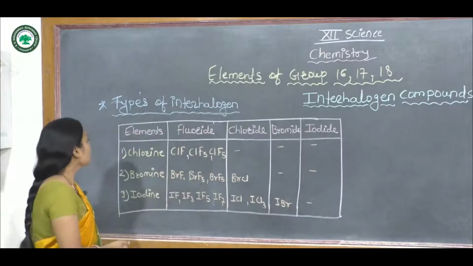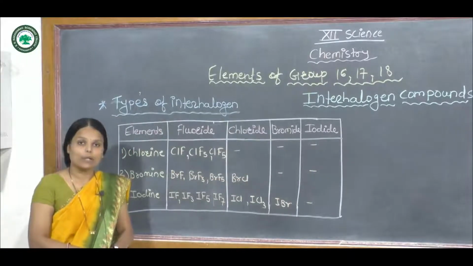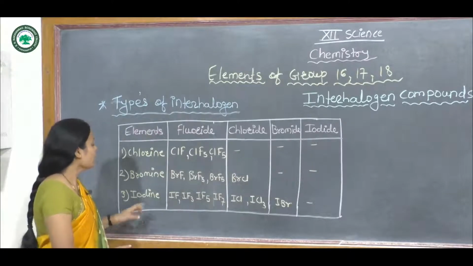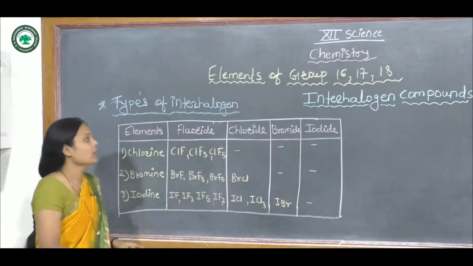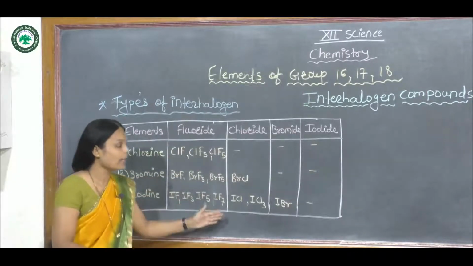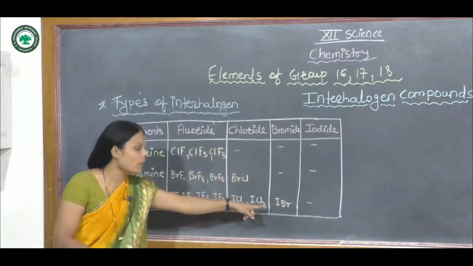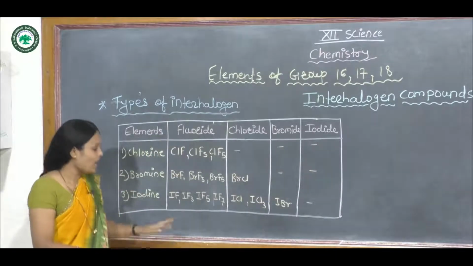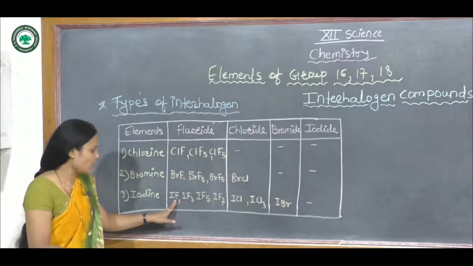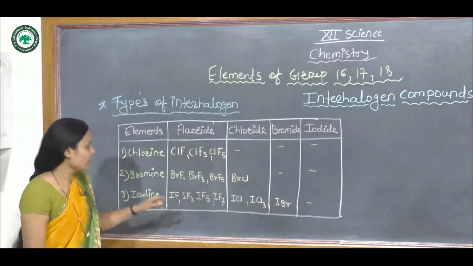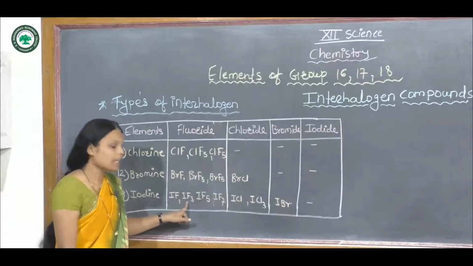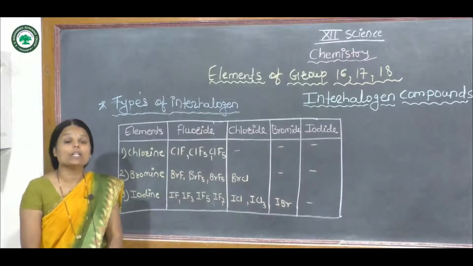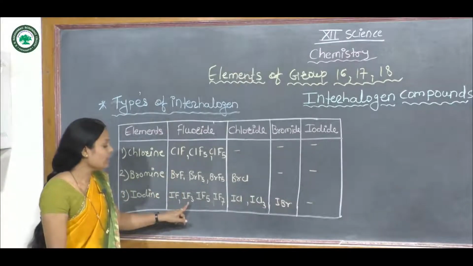Now the third type of interhalogen compound is iodine, the most important element in this group of compounds. Iodine reacts with fluorine, chlorine and bromine. Iodine reacts with fluorine to give IF, iodine fluoride. Iodine also reacts with 3 atoms of fluorine, IF3, iodine trifluoride.